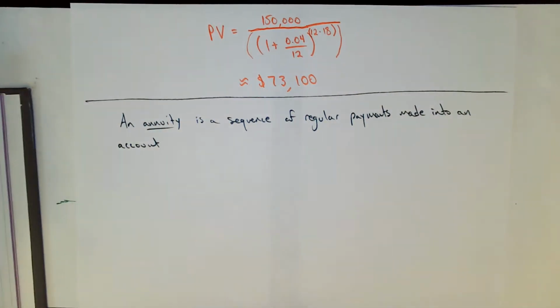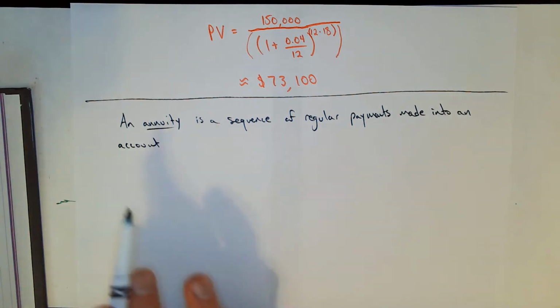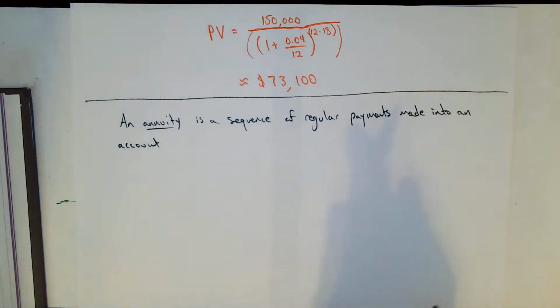So if you have it set up with your bank that $50 from every single one of your paychecks goes into your savings account, that would be an annuity. It's a sequence of regular payments. The annuity is not the payment itself. The annuity is the sequence of payments. That's just a subtlety, though.